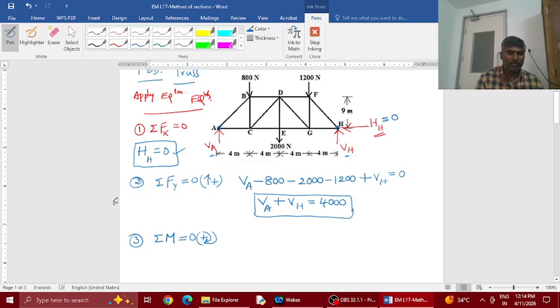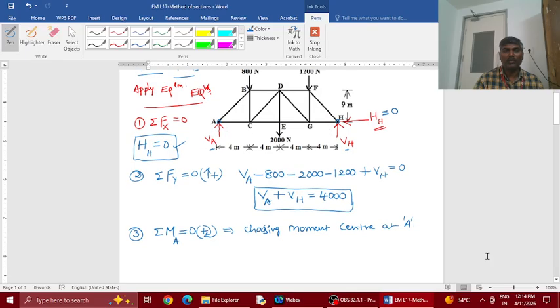So let us pick moment center at A. Now this will become sigma M about A is equal to 0, clockwise positive.